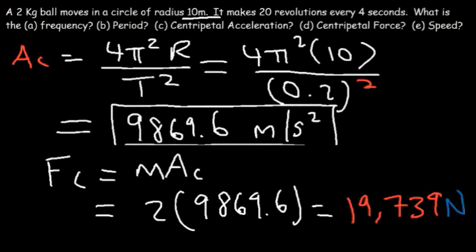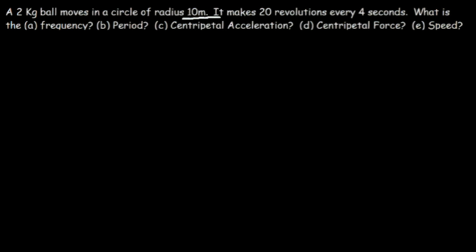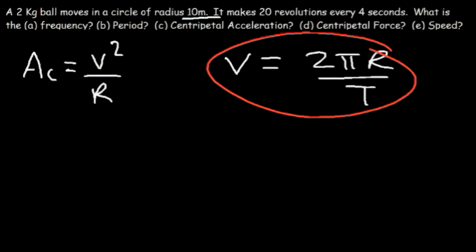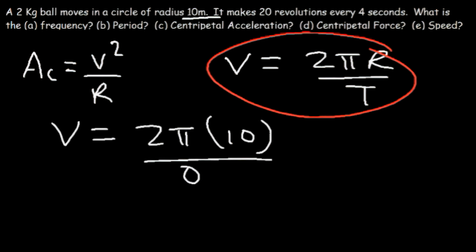Now what about the speed? How can we calculate the speed? Now that we have the centripetal acceleration, we could find the speed using this equation. Or we could find the speed using this equation too. So let's use this one, since we already have the radius and the period. The radius is 10 meters, and the period we said was 0.2 seconds.